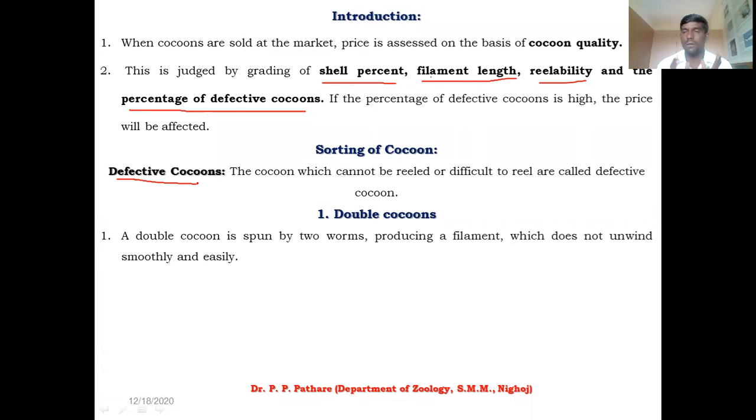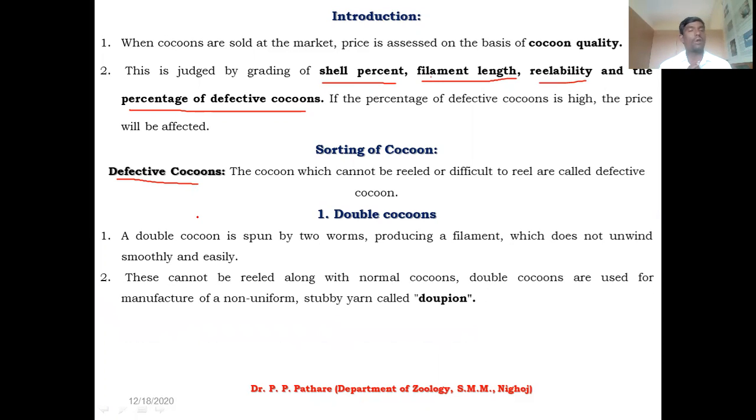Very few double cocoons are produced in one batch, but you can sort them out separately. That is called classification of cocoon. I hope you understand what the double cocoon is. समझ में आ रहा है आपको? This cannot be reeled along with normal cocoon. You know, it is a post-harvesting technique.